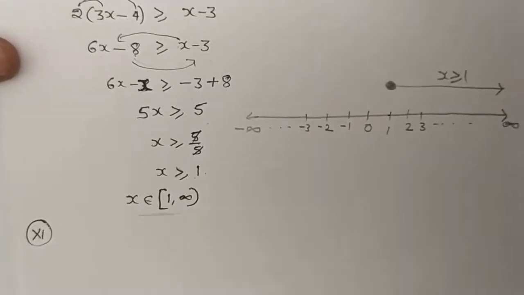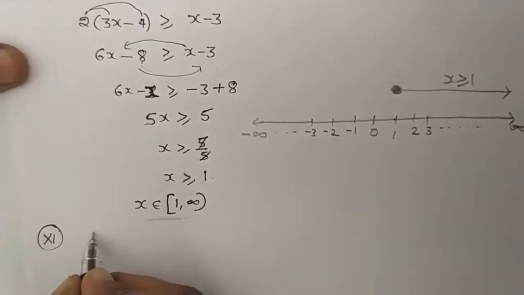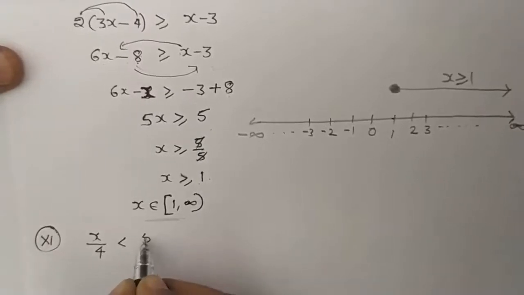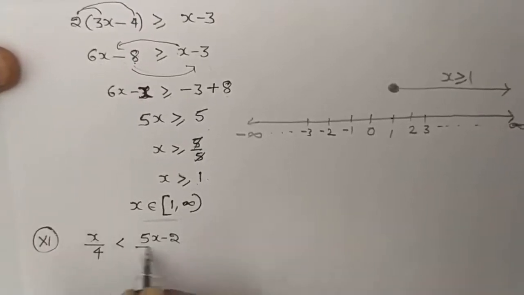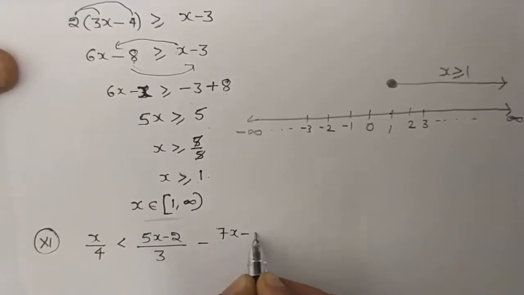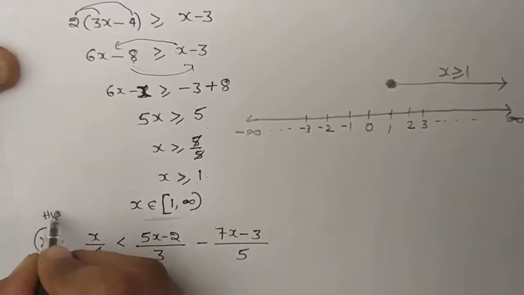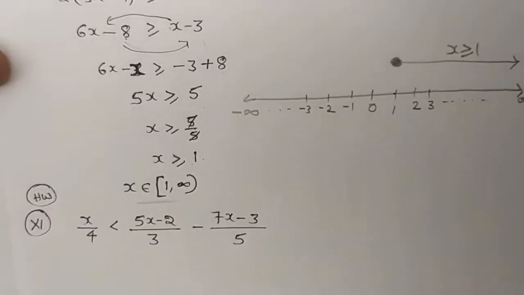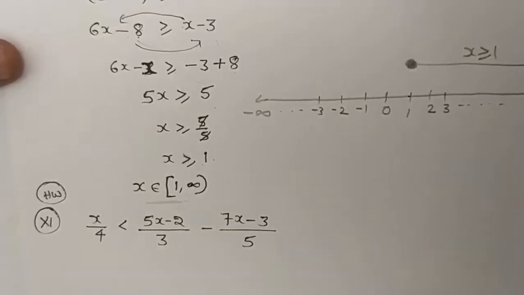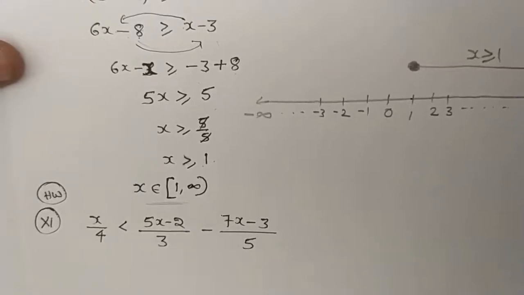Otherwise you find it very difficult. 11th question: x by 4 is less than (5x minus 2) divided by 3 minus (7x minus 3) divided by 5. It is the homework question. Here you can find out the solution set as well as show it on a number line.